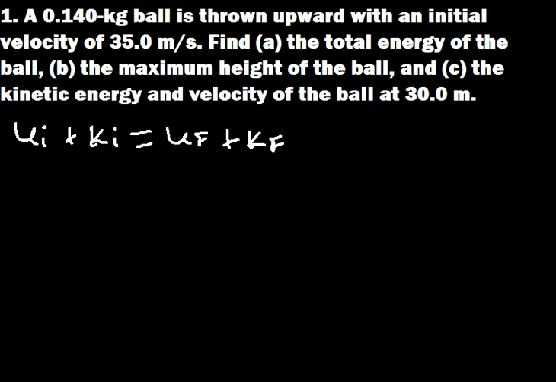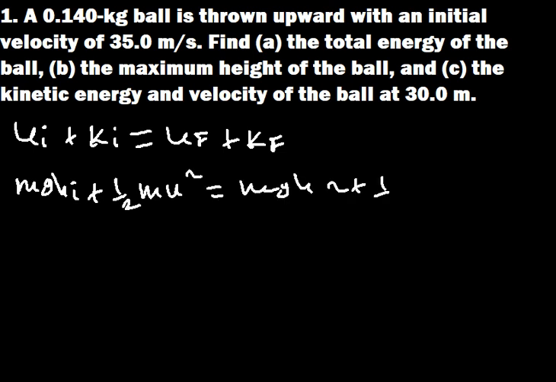Since the object is from the ground level, where the initial position is 0, we have mgh1, as we already put forward, and mgh1 plus half mu squared is equal to mgh2 plus half mv squared, like that.